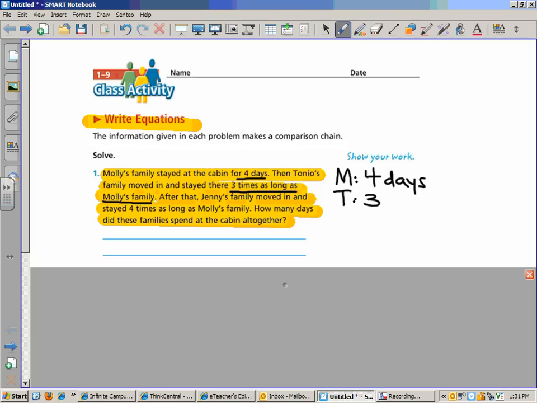So 3 times Molly's family, or 3 times the 4 days. And then we have Jenny's family, and they stayed 4 times as long as Molly's family. So Jenny's family stayed 4 times as long as Molly's family.